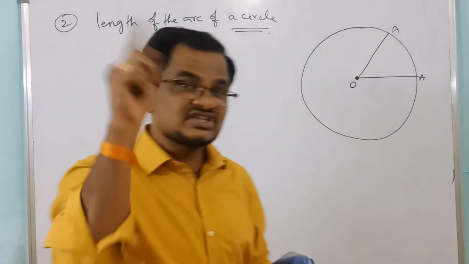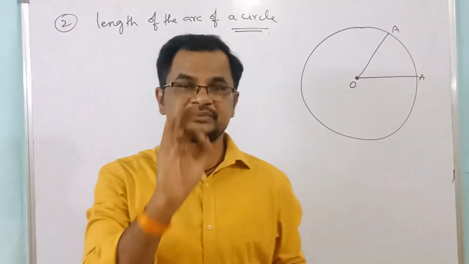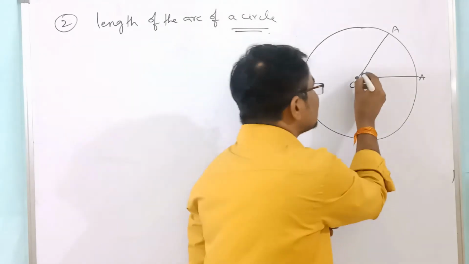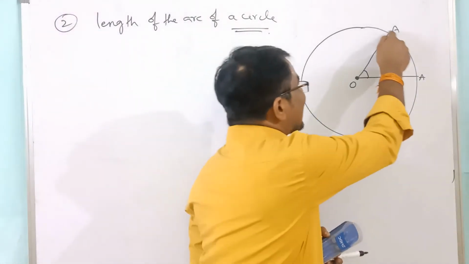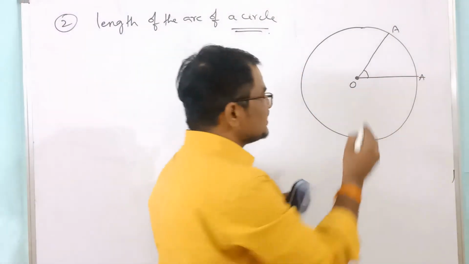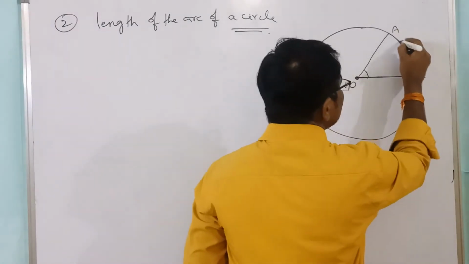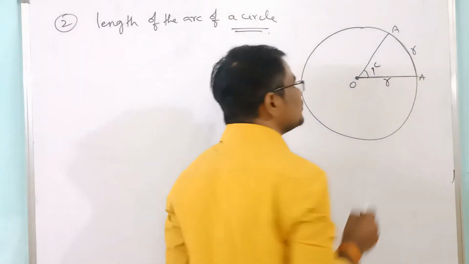So what is the definition of radian? Radian is an angle subtended, means located at the center of the circle, whose length of the arc is equal to the radius of the circle, right? Means here to here, the same if you take, then here we take one unit of radian.